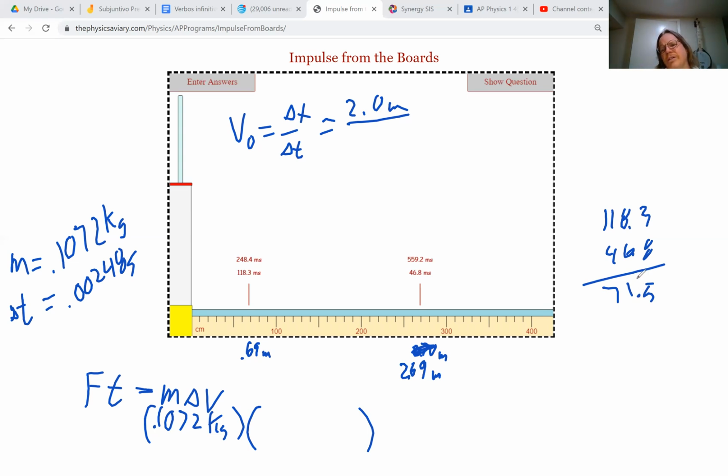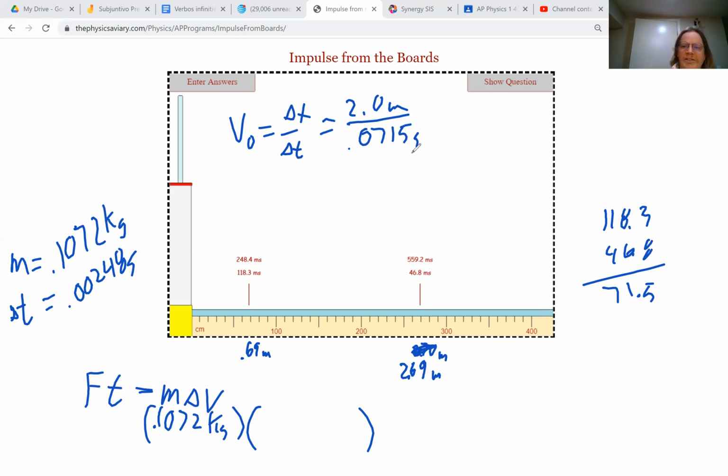So that would be a 71.5. I hope I didn't mess that sucker up. That's my crude math. So that's milliseconds. So I got to go over 3 places. So it's 0.0715. Guys, I am the king of screwing stuff up like that.